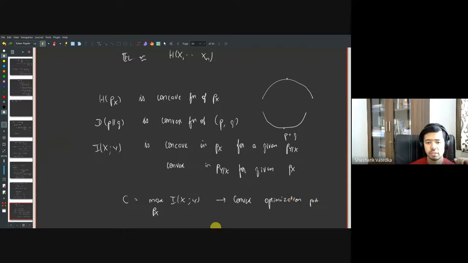Similarly, if you want to find the worst channel for a given particular input, then that can also be solved as a convex optimization problem. It turns out to occur naturally in the problem of lossy compression, and therefore you can minimize I(X;Y) with respect to Py given x for a given Px.